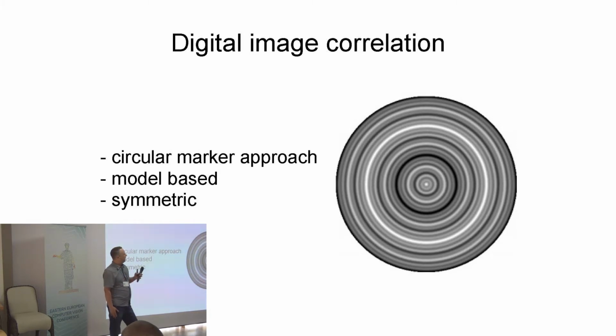Okay. And there is a second approach for circular markers. It's centrally symmetric correlation. What can we do? We can correlate the marker image with the mirrored image of itself, or the transposed image of itself. Then we will get the minimum error when the marker is transposed or mirrored exactly through the center of the marker.